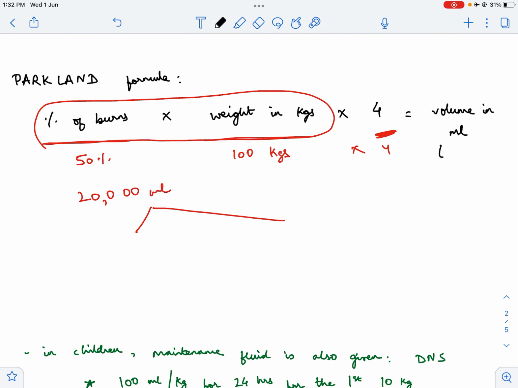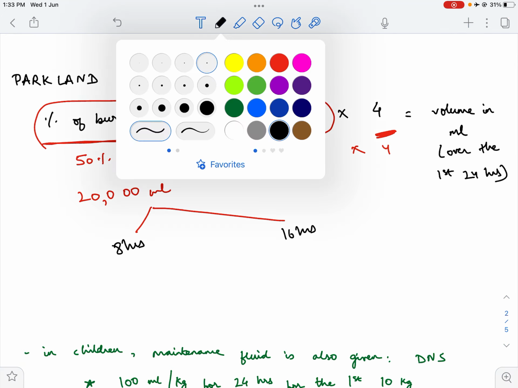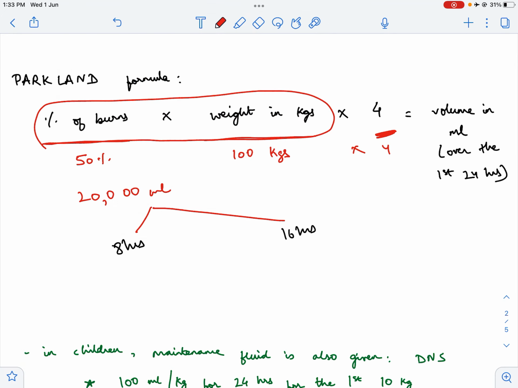Volume in ml over the first 24 hours. Now this 24 hours is divided into two time periods. The first 8 hours and then 16 hours. This 20,000 ml is divided into two halves. So 10,000 ml is given in the first 8 hours, and then the remaining 10,000 ml is given over the next 16 hours.